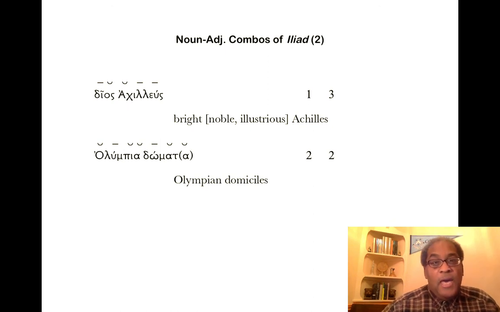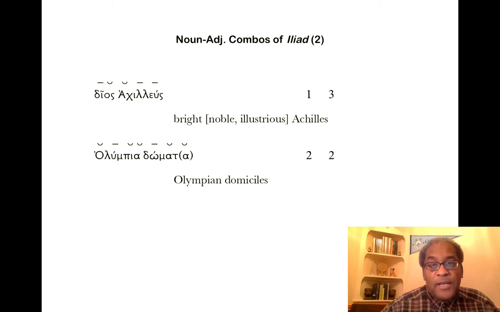Likewise, you have dios Achilleus, and here we have dios, which is a first declension adjective form, but Achilleus, which is actually a third declension noun, as we will learn. Achilleus, of course, being masculine, so dios is going to be masculine, and these are singulars. And finally, Olympia domata, Olympian domiciles.